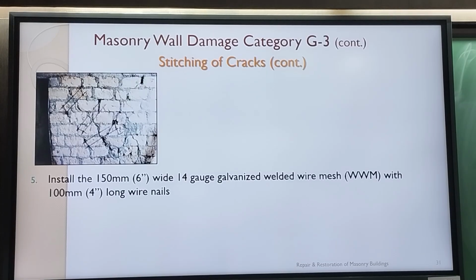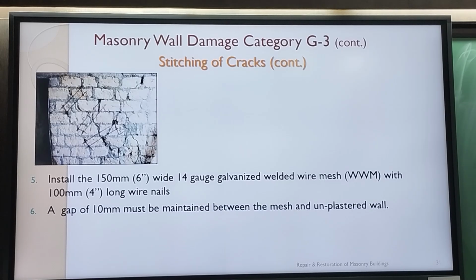Alternatively, you can have weld wire mesh straps, which are 150 millimeter wide, and these are anchored with 4-inch galvanized iron nails, and these are put every so often, about say 300 millimeter apart, and they go on either side of the crack about 450 millimeter, so that they are anchored in a fairly solid wall, far away from the crack.